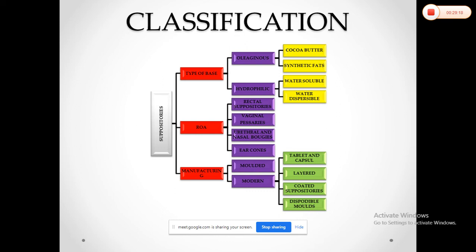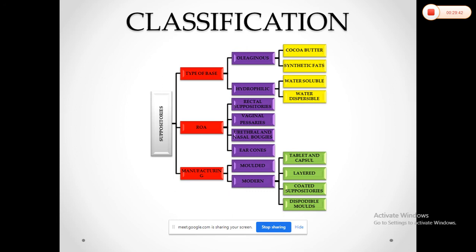Nowadays this capsule suppository is in more demand compared to rectal suppositories, with various advantages, because normal suppositories have storage condition and handling problems, and these soft gelatin capsules can overcome all those disadvantages.